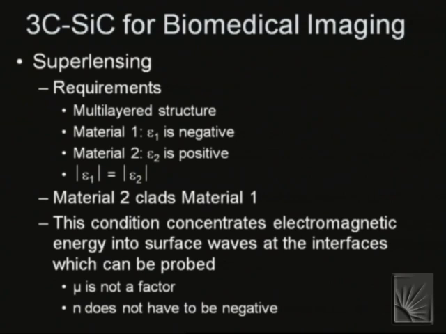And as it turns out, silicon dioxide at 11 microns has in absolute value the same permittivity but opposite sign to silicon carbide. If you can create this cladded structure and you illuminate it with the proper radiation at the proper wavelength, you'll excite evanescent waves that are constrained to move along the interface of the material.